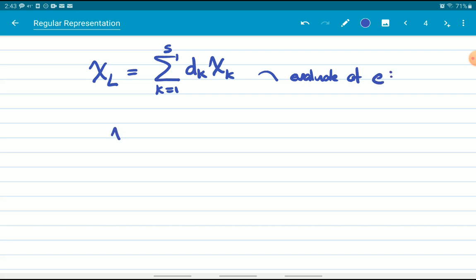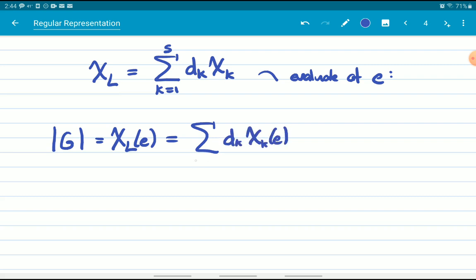So on the one hand, I'll have the regular representation at the identity. That's the dimension of the space. That's the order of the group. But that's equal to the sum of the evaluations of the irreducible characters. But each irreducible character at identity is just the dimension of its representation. That's also dk. So that's dk squared. That's that formula.